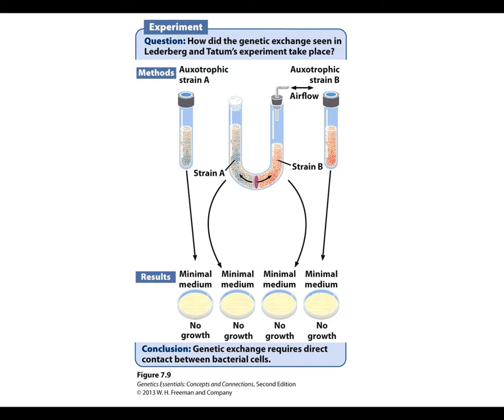And when they restricted the movement of the cells, when the cells weren't able to touch, so the Y10 and the Y24 cells were not able to touch directly, then nowhere in the experiment were they able to recover any recombinant prototrophic bacteria. So that led them to the conclusion that the type of genetic exchange that they were observing would require direct contact between the two cells.